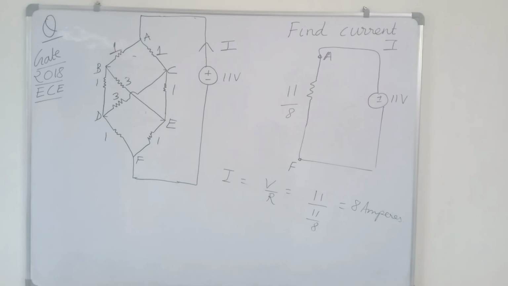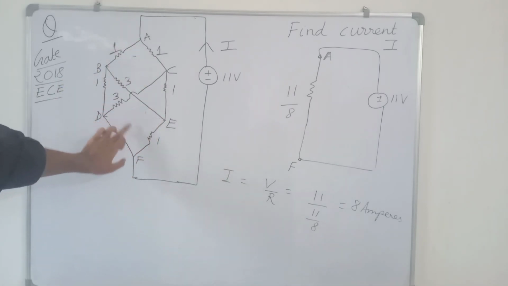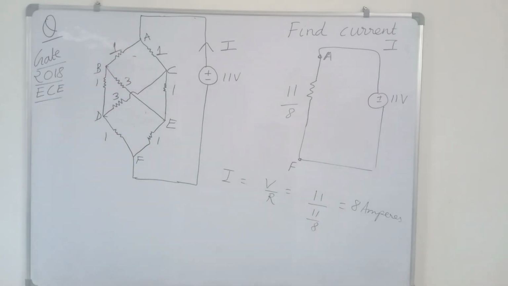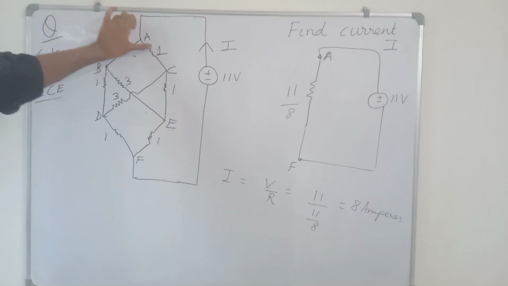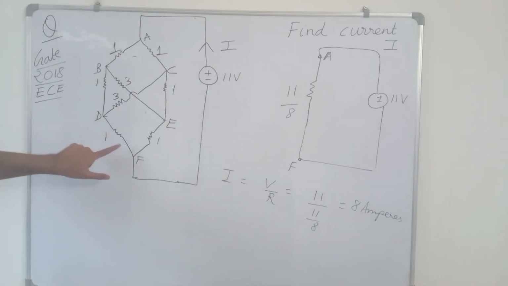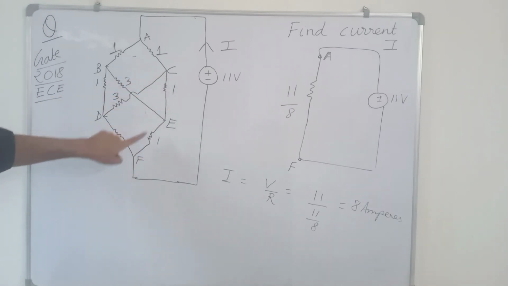So this is how we can easily find the current flowing from this 11 volt source using the concept of equipotential points, because B and C are equipotential from A and F. Also D and E are equipotential from A and F, because from A to B and A to C the distance is 1 ohm, from B to F and C to F the distance is 2 ohm.